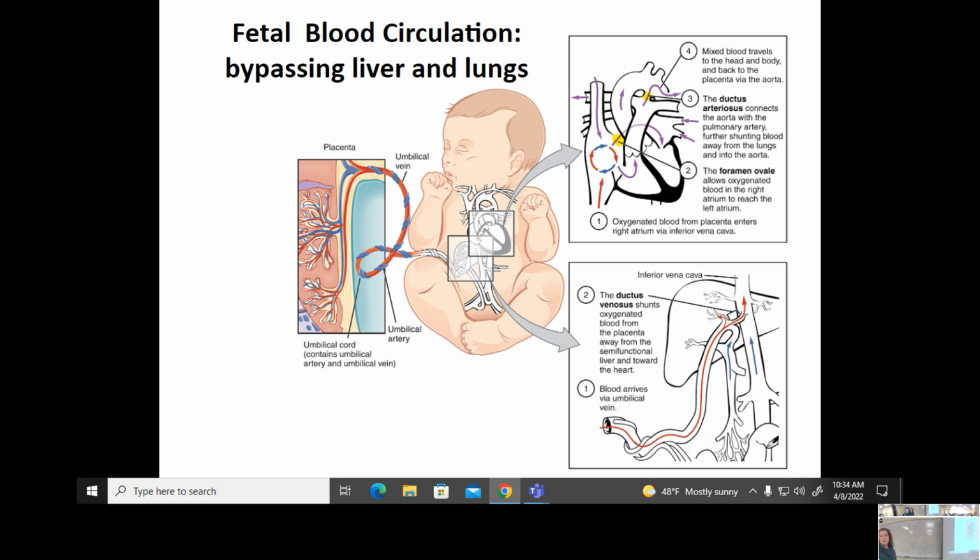Which makes sense. They don't need to breathe because the blood gases are taken care of by the mom. And there's no air for them to breathe in there anyway. They also don't need their liver to balance their nutrition for them.